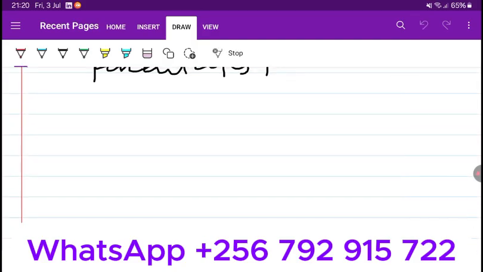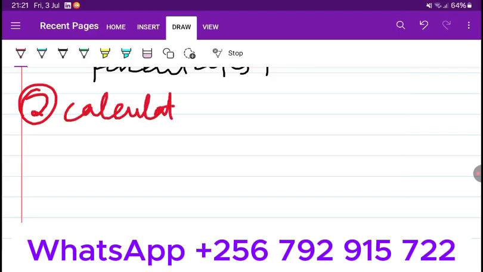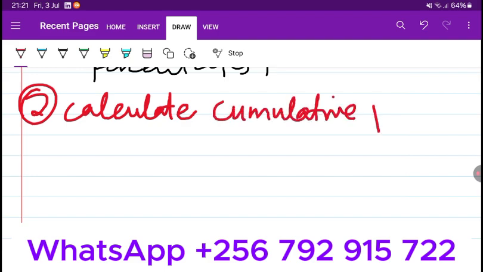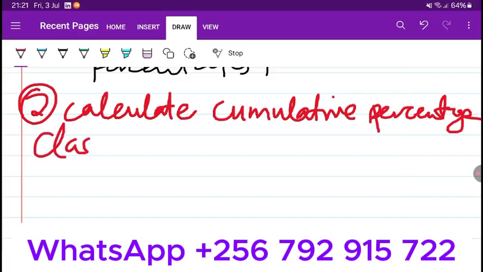The second step is for us to calculate cumulative percentage class totals. In other words, we compute the percentage class totals and then we cumulate them.